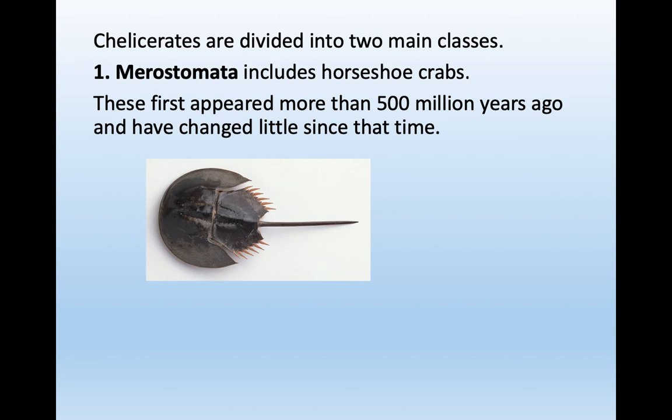They are heavily armor plated, and their anatomy is very close to spiders. They have chelicerae, a long tail used for movement, and they tend to live around the shore area. So that's Merostomata, which is kind of just horseshoe crabs.